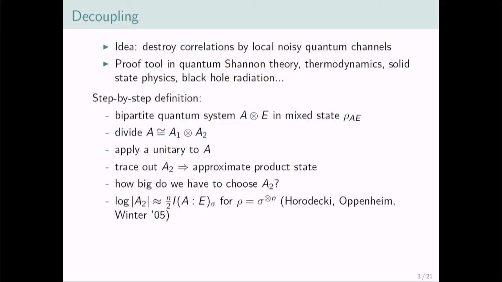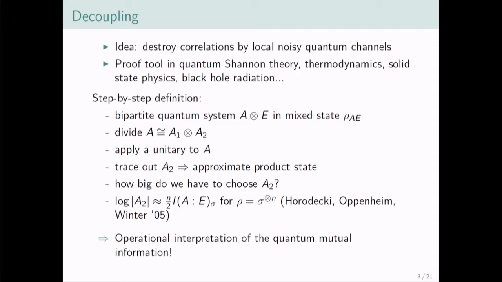So then the optimal size of this system A2 that we get rid of is equal to the quantum mutual information in first order in N. And this was essentially first observed by Horodecki, Oppenheim, and Winter in their work on state merging. They had it in a slightly different form, but essentially it's equivalent.